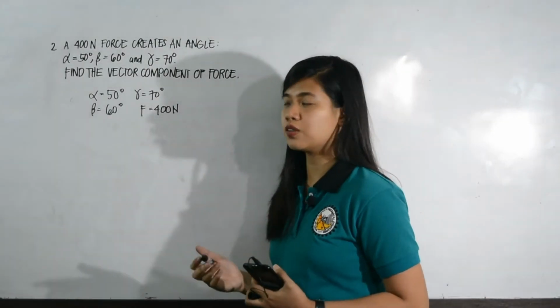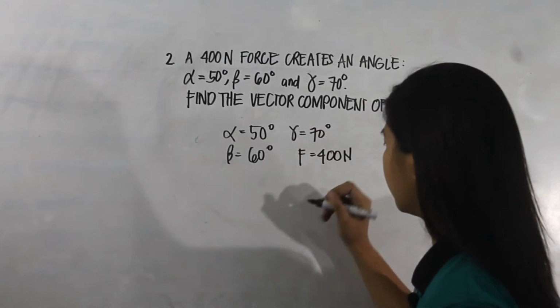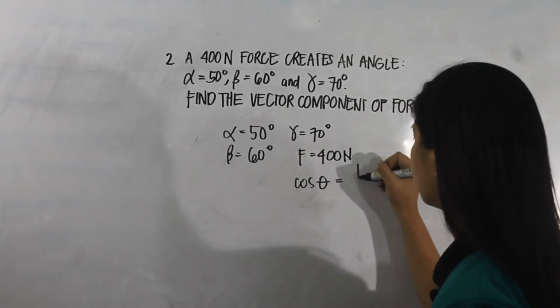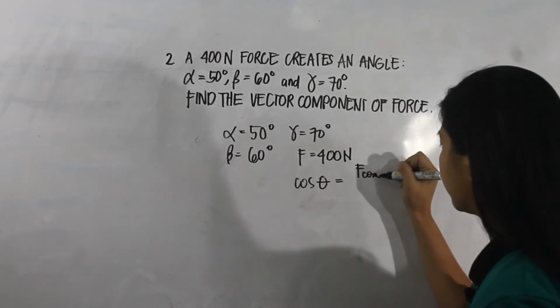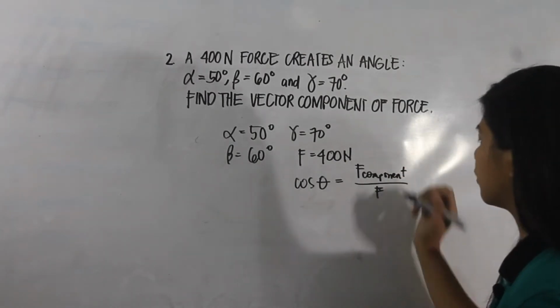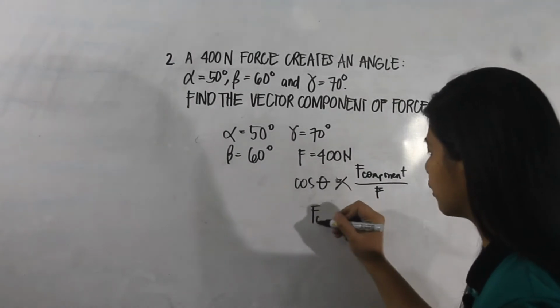In order for us to get the vector component, we will just use this equation, which is cosine theta is equal to F component over F. So just simply cross multiply to get the F component.